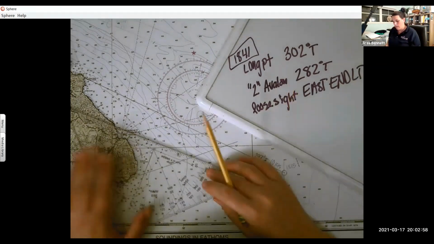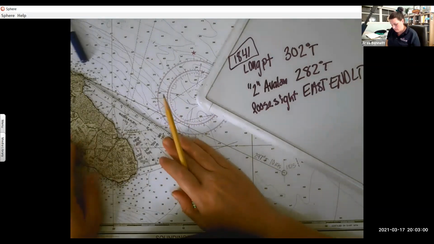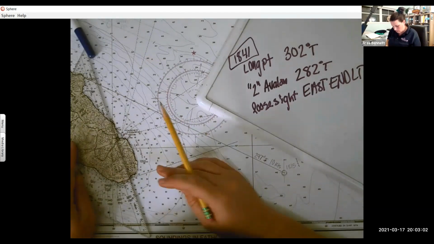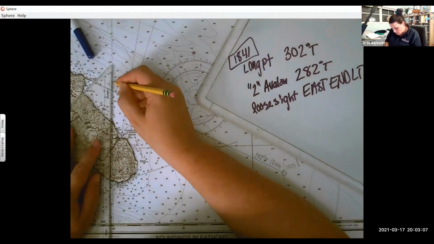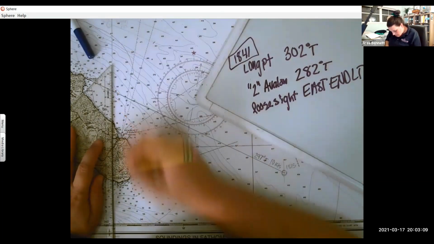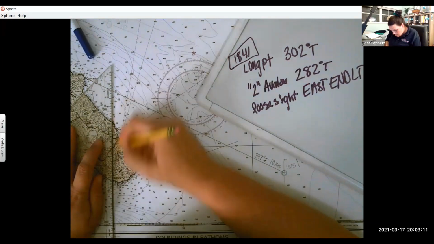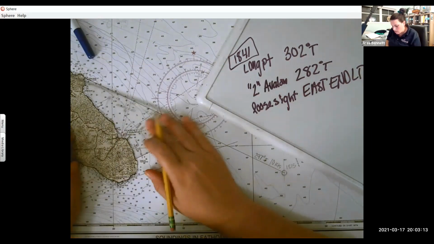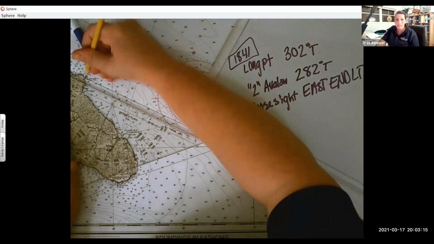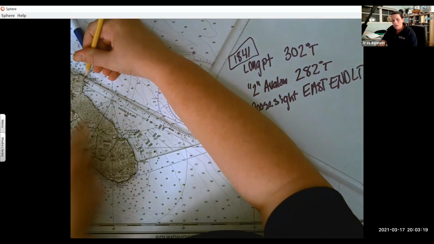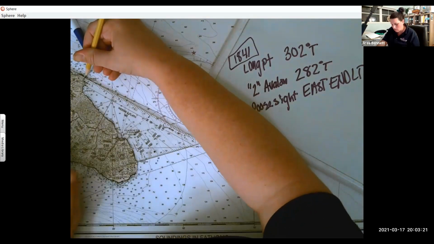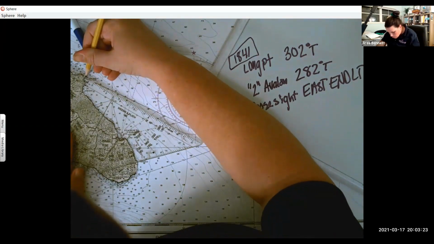We have Long Point at 302. I'm just going to draw this line so I can see it. So Long Point, I'll put my pencil on Long Point, my triangle on the vertical, and find 302.